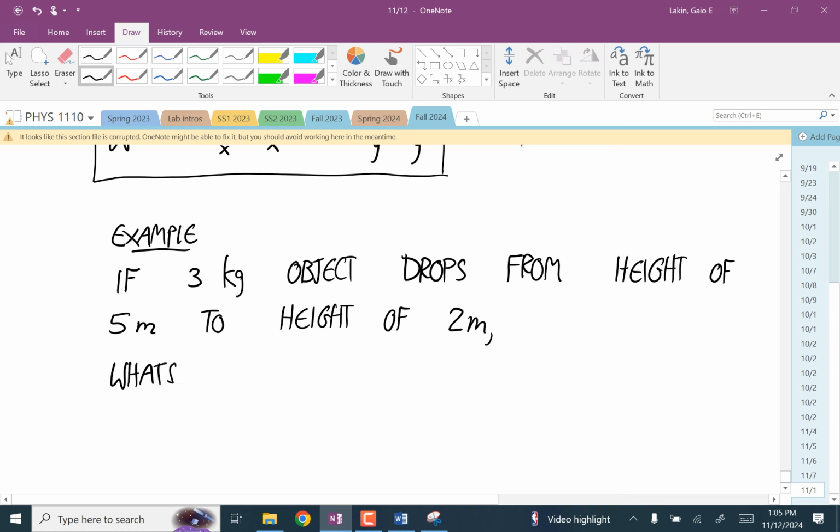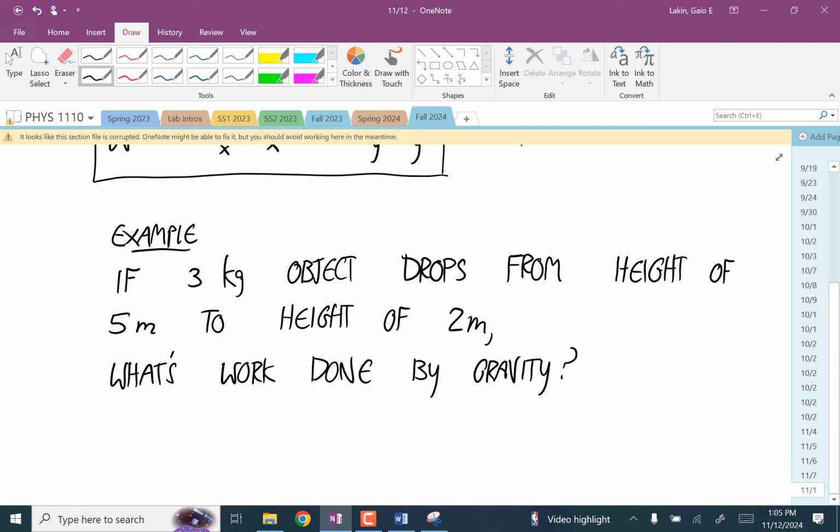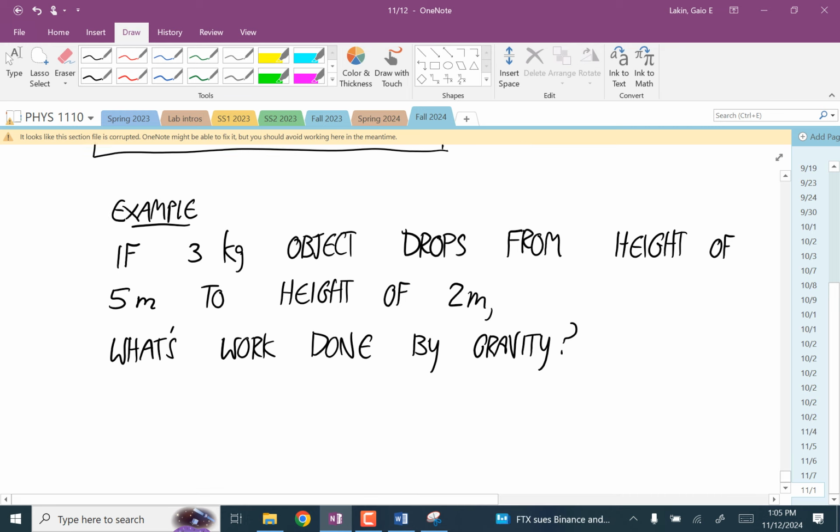What's the work done by gravity? Okay, so we're going to calculate how much gravity changes that object's energy during that time interval.